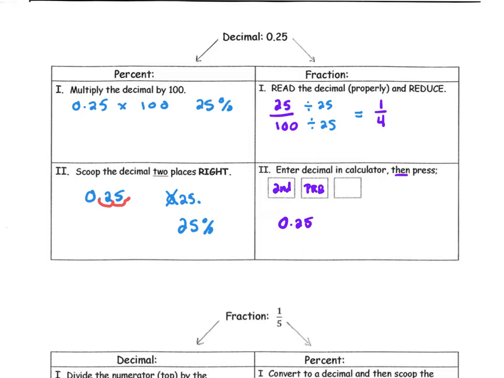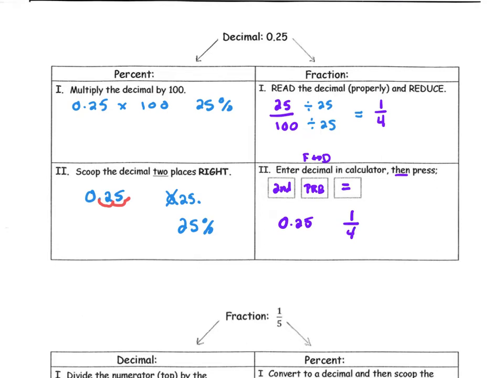And above that key, it has a little F and a little arrow and D, which means fraction to decimal. So now if you press enter or equals, it's going to tell you 1/4.